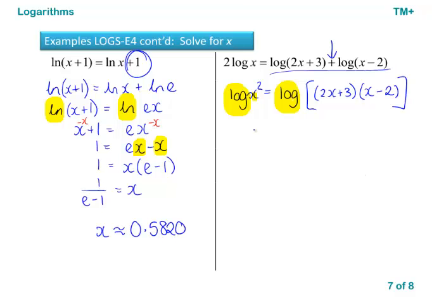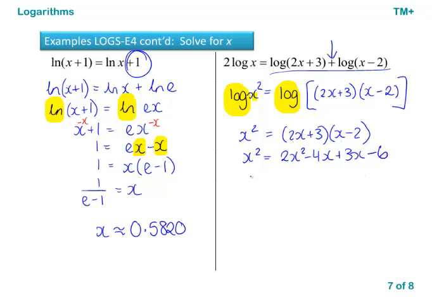So I can now say that that x squared has to equal 2x plus 3 times x minus 2. I can now expand the right hand side, and I get 2x times x, 2x squared, 2x times negative 2, negative 4x, 3 times x plus 3x, 3 times negative 2 is negative 6. So now I've got x squared equals 2x squared minus 4x plus x, it's just minus x minus 6.